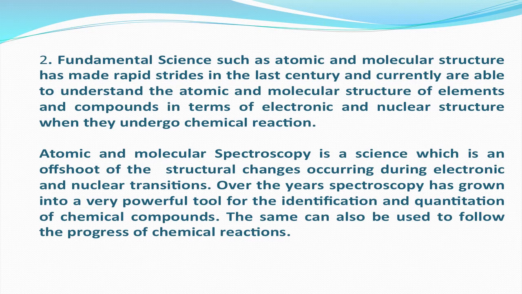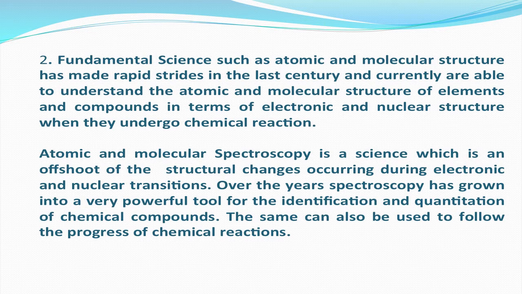And number two, what I would like to say regarding this course is that the fundamental sciences such as atomic and molecular structure have made rapid strides in the last century, and currently we are able to understand the atomic and molecular structure of elements and compounds in terms of nuclear and electronic structure when they undergo a chemical reaction.